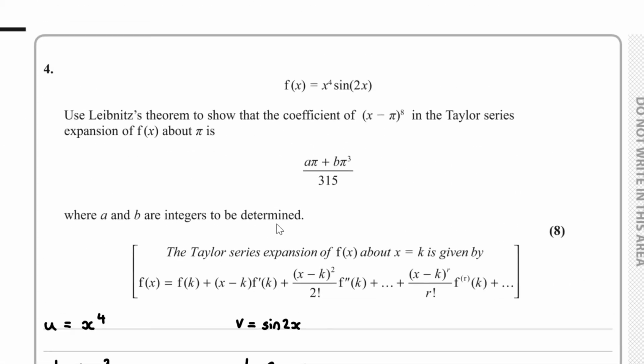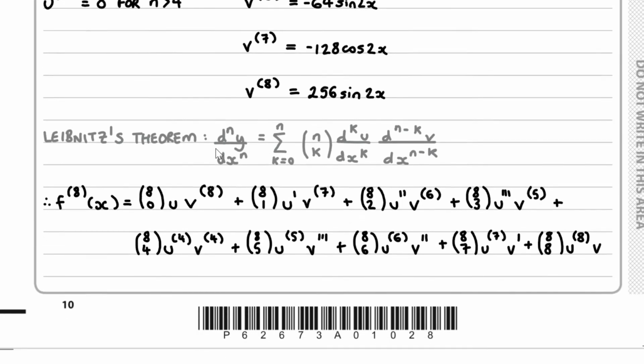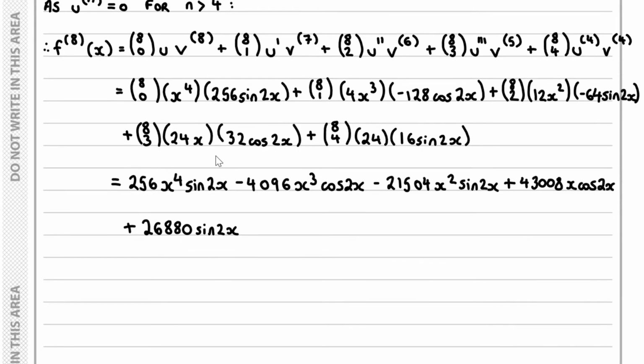So now, if we apply Taylor series to obtain the coefficient of the (x minus pi) to the 8 term, because we are expanding about pi, what we'd need to do first is work out the 8th derivative at x equals pi.